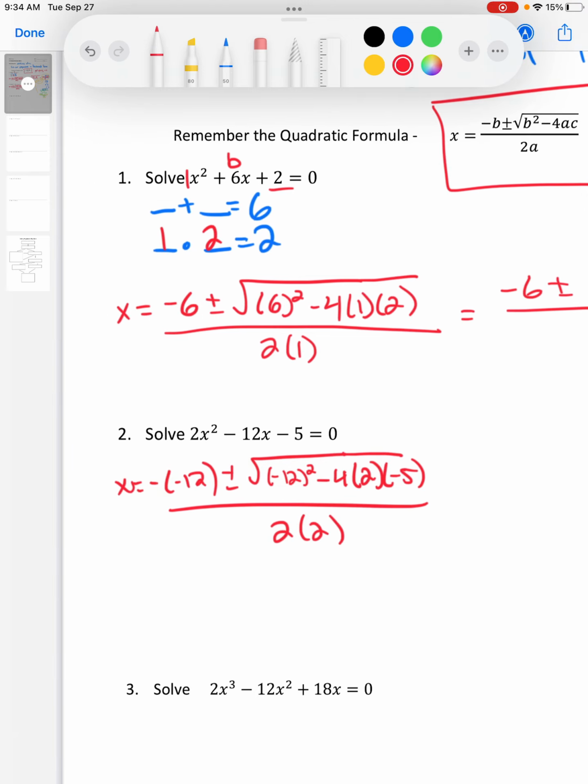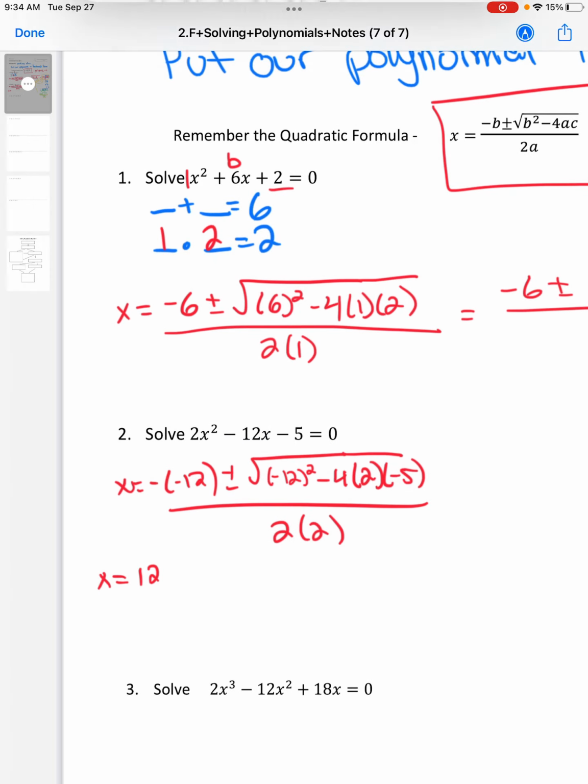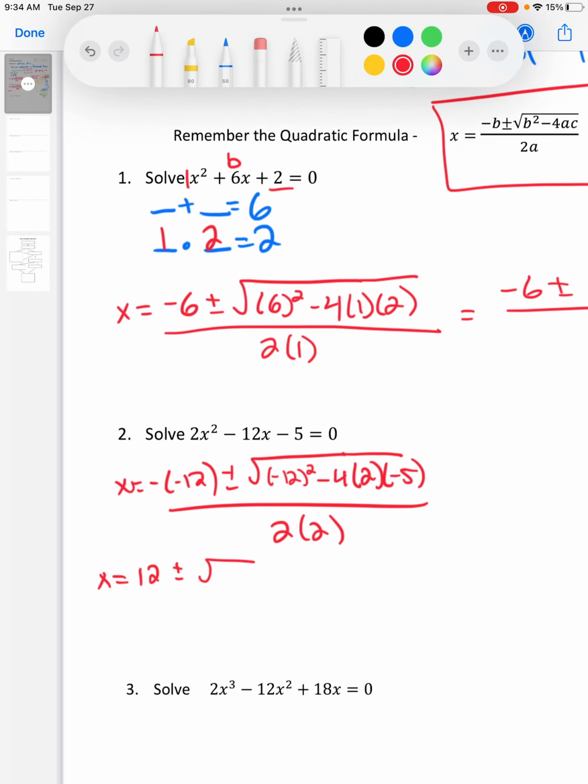Okay, now let's just simplify this. So x equals, and a negative times a negative is a positive, so we got positive 12 plus or minus the square root of 144. And then negative 4 times 2 times negative 5, we get positive 40, all over 4.